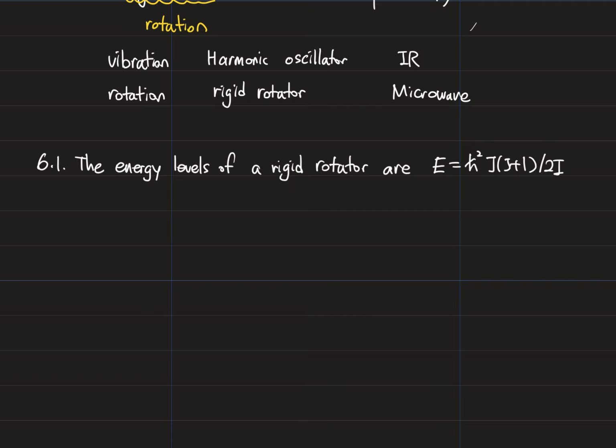So chapter 6, section 6.1 is about the energy levels of the rigid rotator, and the title already gives you the quantized energy level of the rigid rotator.